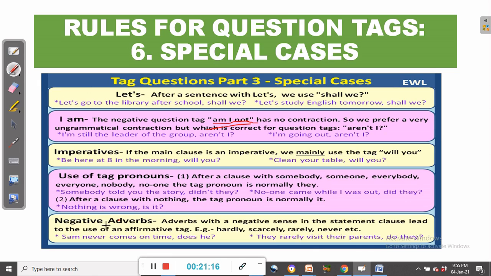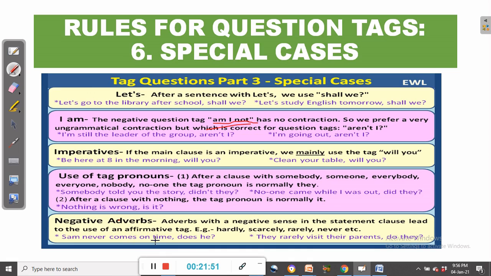All right, so then negative adverbs. We have adverbs with a negative sense in the statement clause, and this leads to the use of an affirmative tag, e.g., hardly, scarcely, rarely, never, etc. So these are negative adverbs because their meaning is basically negative. Sam never comes on time means Sam does not come on time at all.